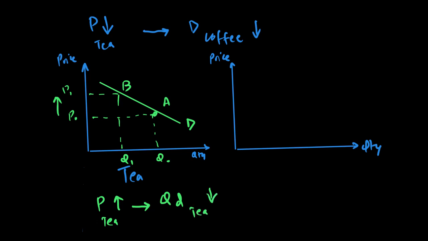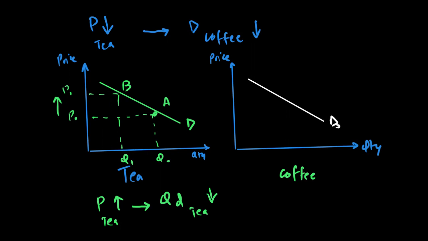Now, because tea has become expensive, a lot of people will now substitute tea with coffee. They will switch to the cheaper substitute, and that could be good news for coffee, because in the market for coffee, so let's write coffee here, the demand curve will be shifting to the right. Why?